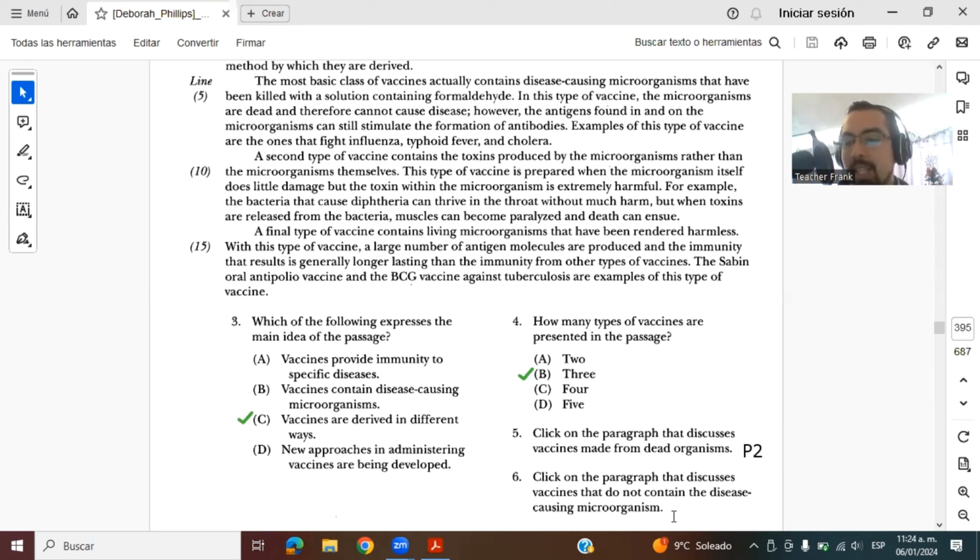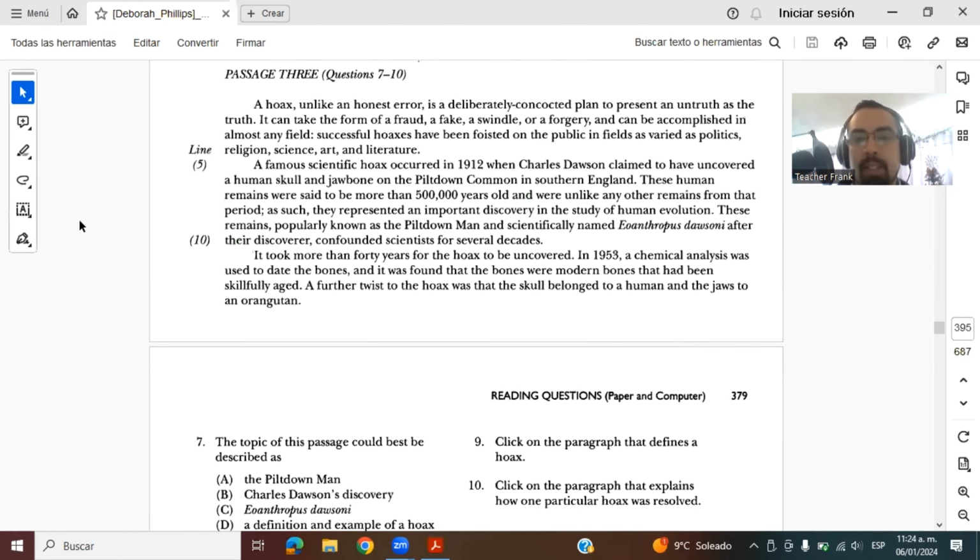And number 6 is going to be paragraph 3, right? That's the paragraph that discusses vaccines that do not contain the disease-causing microorganisms. Number 5 and number 6 are for the computer, so it's not necessary that you do them, but you can do them for extra practice, okay? Now let's move on to passage 3.